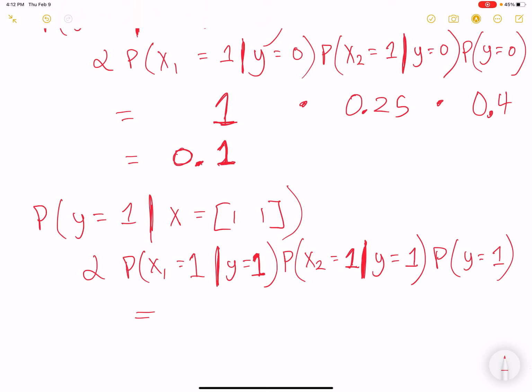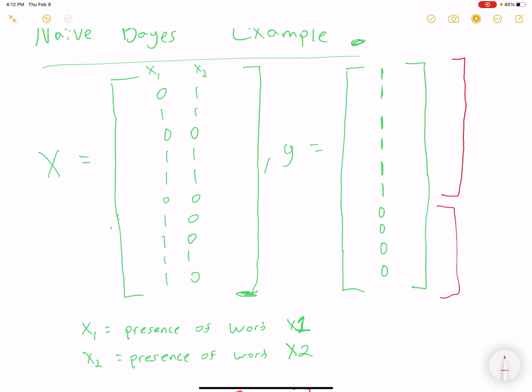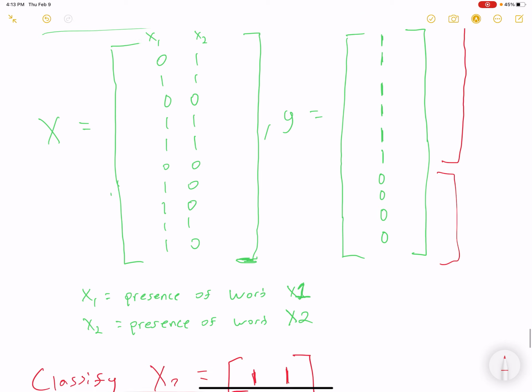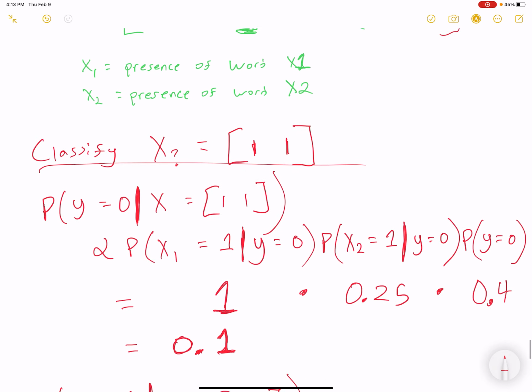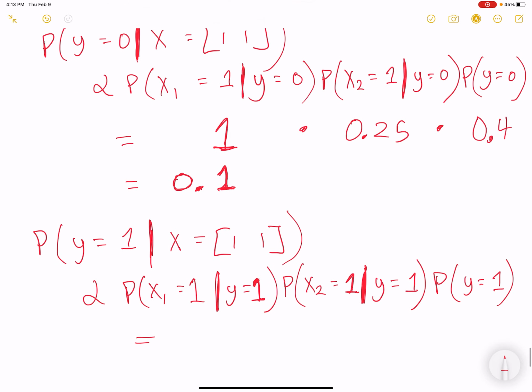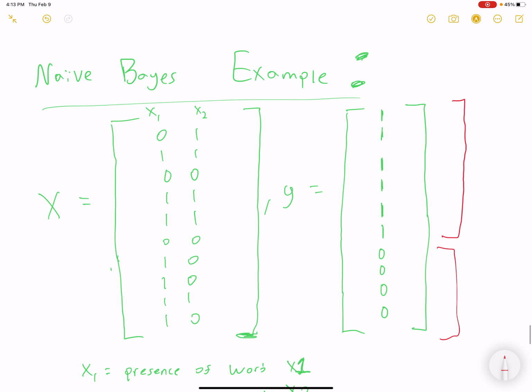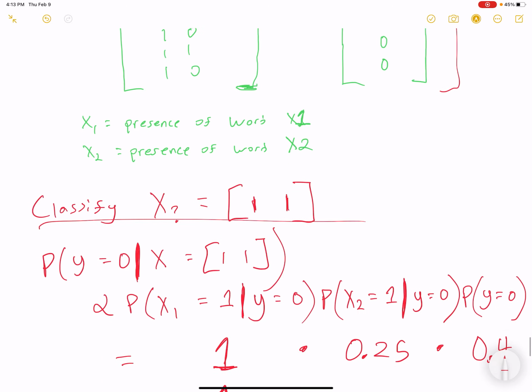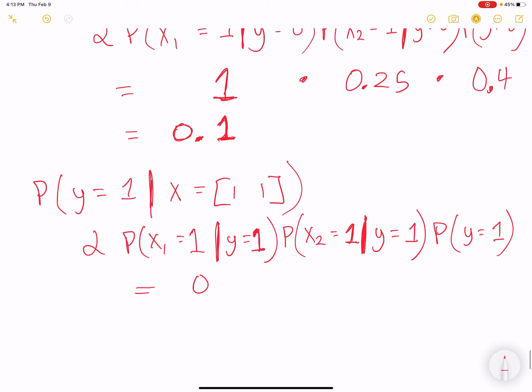for this first probability, how many data points have y equals 1? Well, that's the top 6. So out of those top 6, how many have x1 equals 1? I see 1, 2, 3 of them out of 6. So the probability is 0.5.